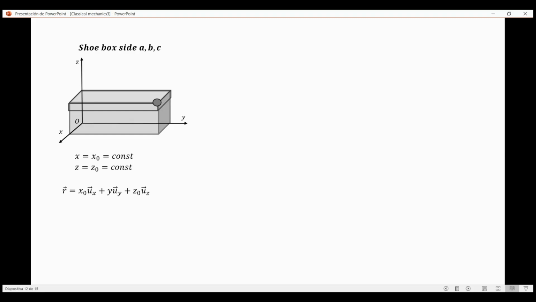The velocity in Cartesian coordinates is this, but the derivative of constants is simply 0. So the velocity is just y dot u sub y.